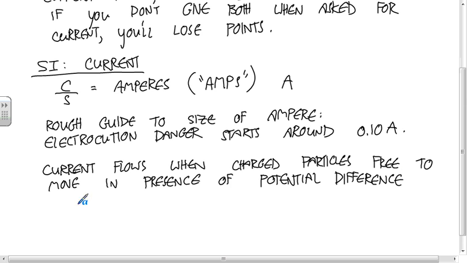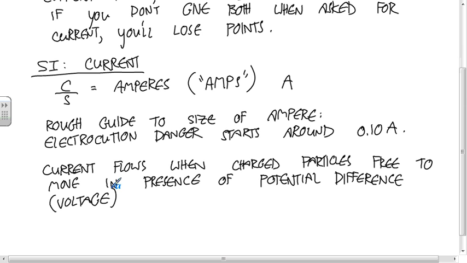And potential difference is just another way of saying voltage. So a current flows when, first of all, those charged particles, the electrons, are free to move. That means that they're in a conductor of some kind. And they're in the presence of a voltage.